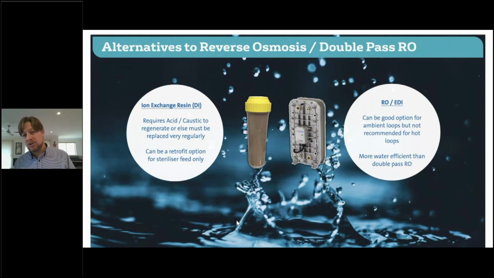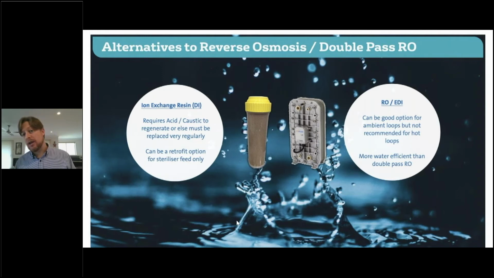Where it can be suitable is, for example, if you have an RO system in place, but it's not getting your feed water quality, and you may have only, say, one sterilizer, then you could put a DI system after the RO to polish the water further to meet the water requirement for the sterilizer. But if you have multiple units, then that's when the cost efficiency doesn't really pay out.